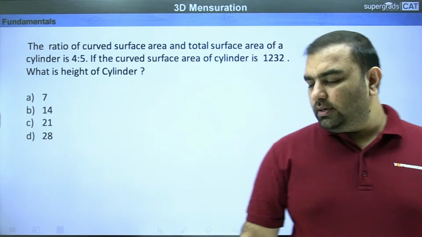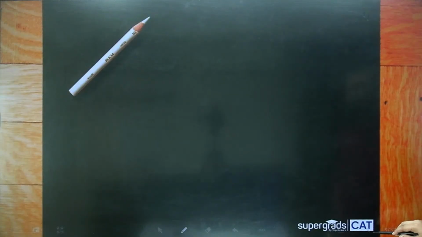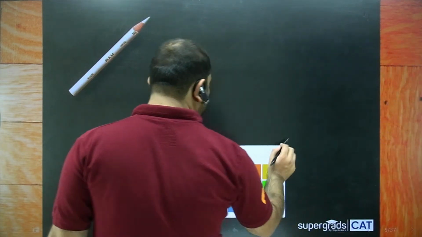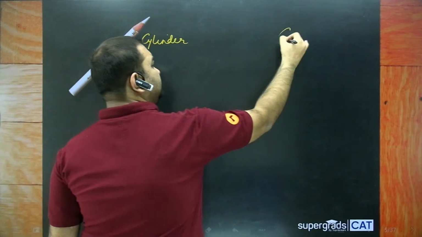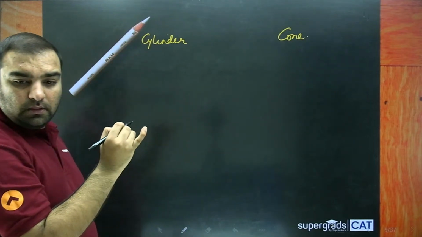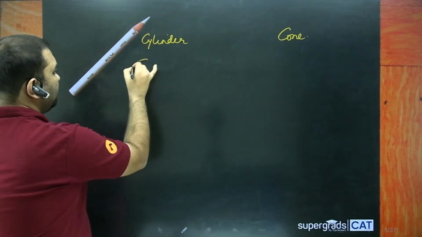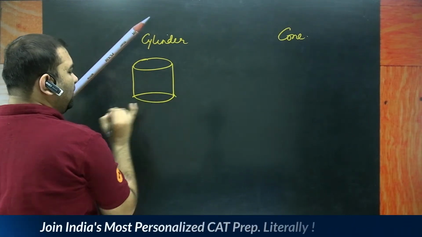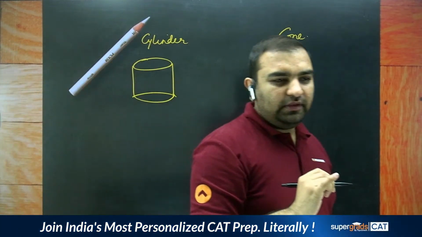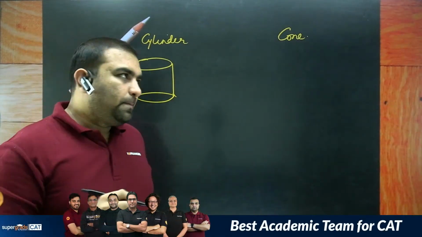So let's do some theory for cylinder and cone. Make the next heading cylinder and cone. A figure like this, bottle-like structure, or you can say the gas cylinder. You've seen a lot of cylinders back home. What are the key elements?